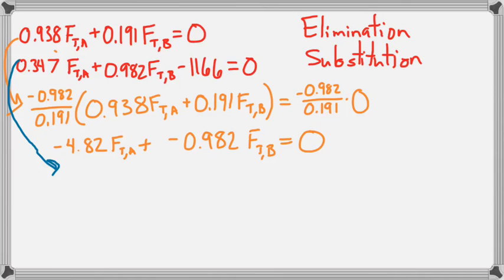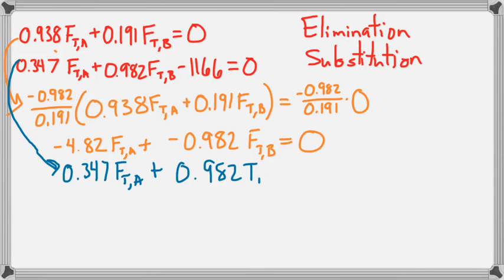So 0.347 times the force of tension in rope A plus 0.982 times the force of tension in rope B equals 1,166. Because again, I just added 1166 to both sides so that I could get it over there. I could have done that earlier, but, well, hindsight is 20/20. And this has already been a long video, and I don't want to tape it again. All right, we're almost there.